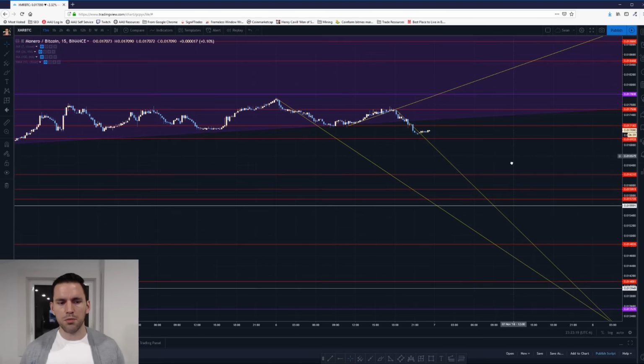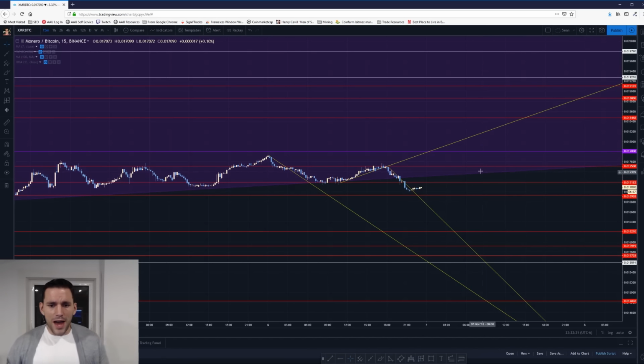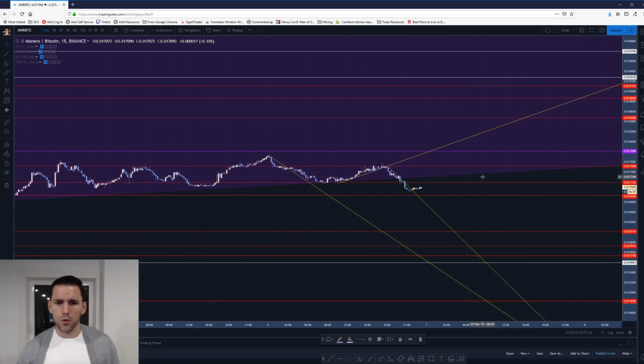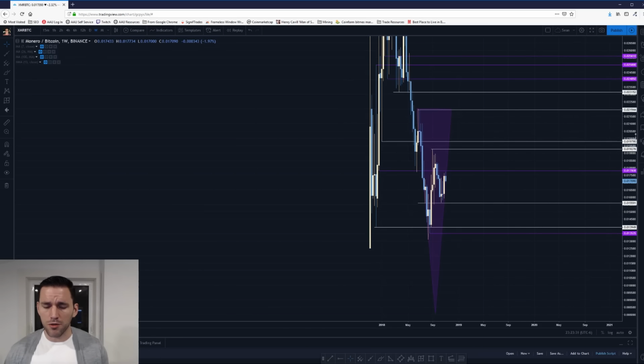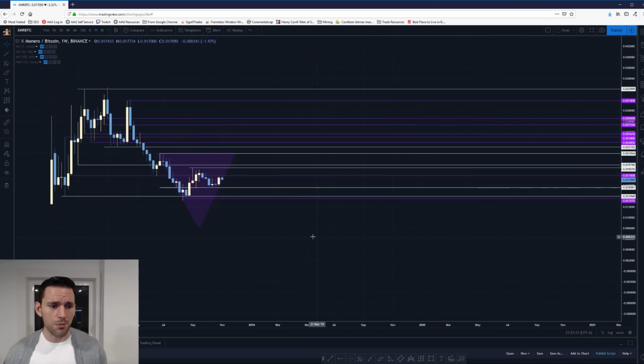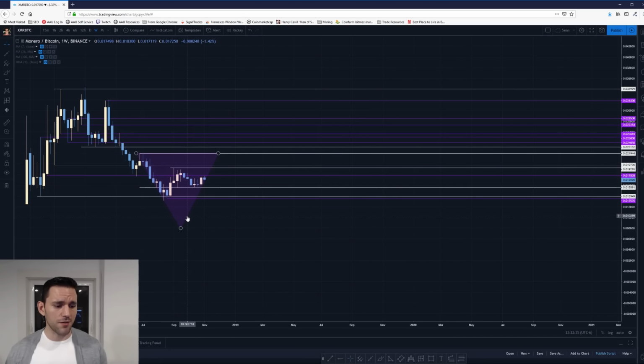Now, this also applies to wedges. If you guys remember, we made this weekly wedge purple for that specific reason yesterday, leading up into this, because we already wanted to have this defined.